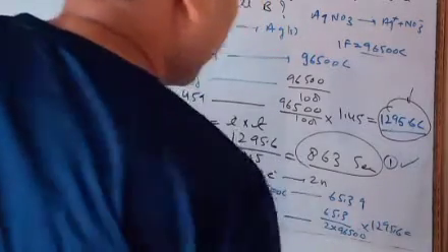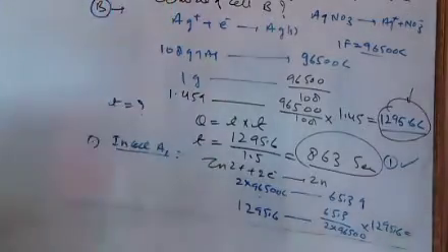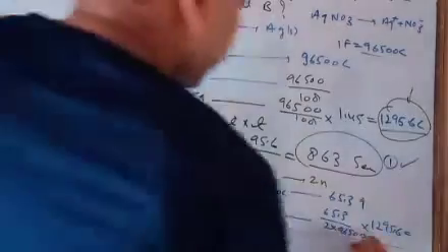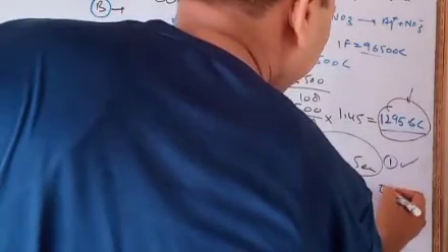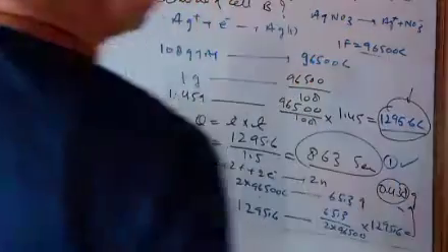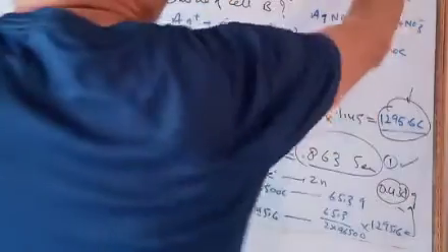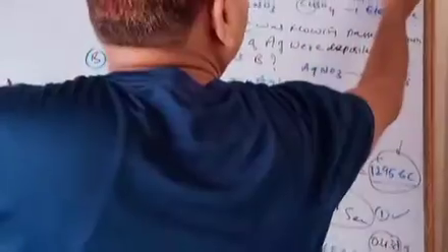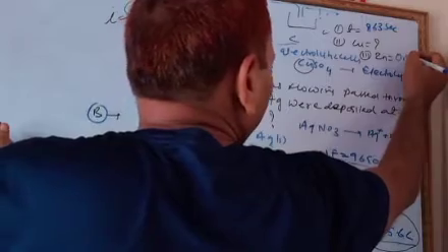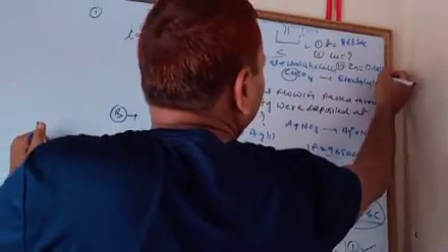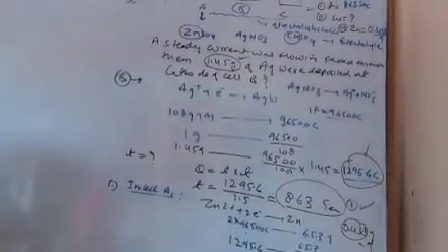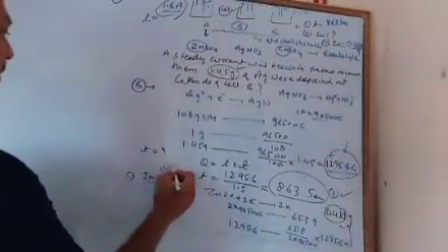After solving this, the answer will come 0.438 gram. Time is 863 second, and mass of zinc is 0.438 gram. In this way we have calculated for cell A.